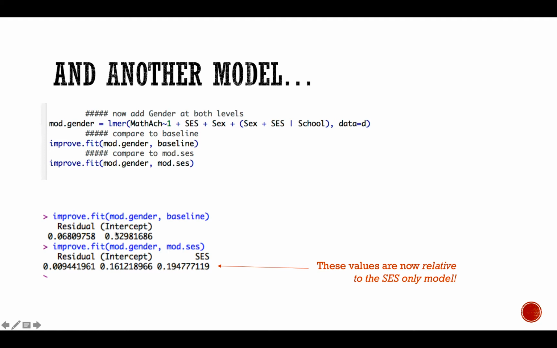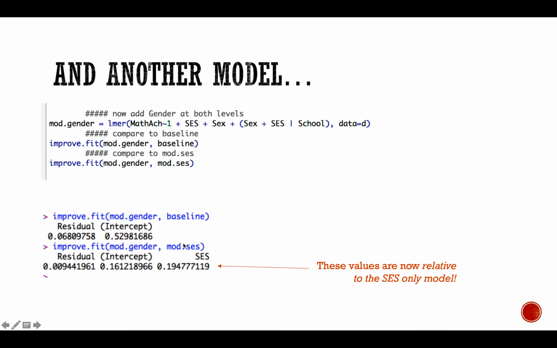And so in the first one, we had 6.8% of the variance explained with socioeconomic status and sex relative to a baseline model with no predictors. And then our variability in the intercept is improved by about 53%.